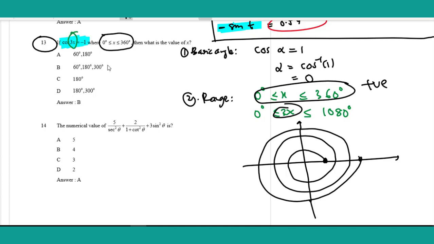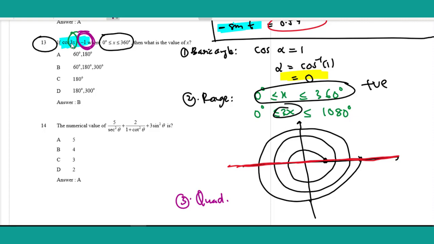Now check the basic angle. The basic angle is equal to 0, so the basic angle is on the x-axis. Check the quadrant, and check negative.